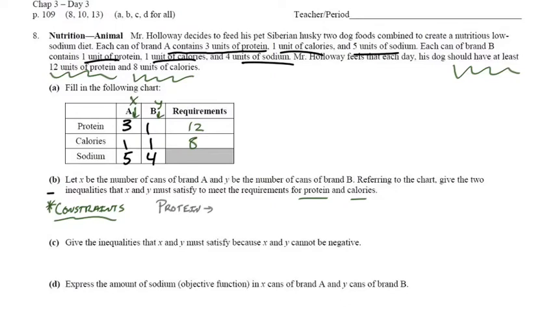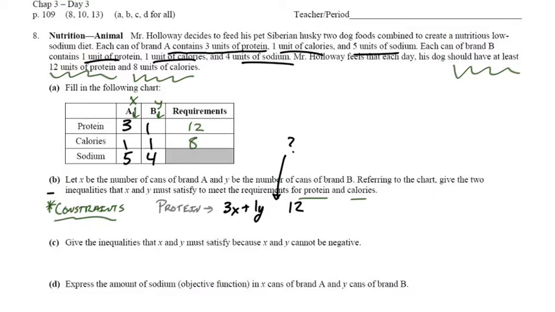We know it's 3x plus 1y, and then we've got a 12. The question is, what symbol? It's an inequality, so is it less than or equal to or greater than or equal to before the 12? I see kids mess this up frequently.